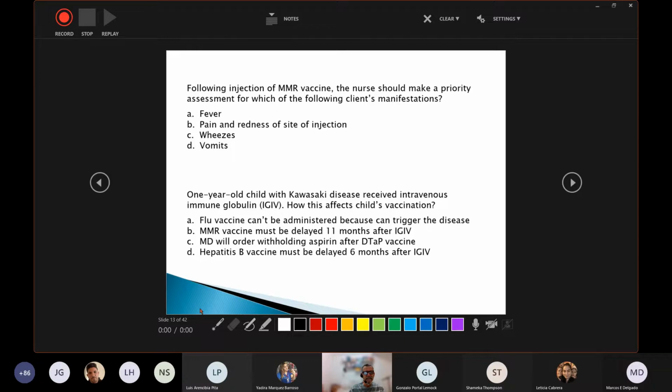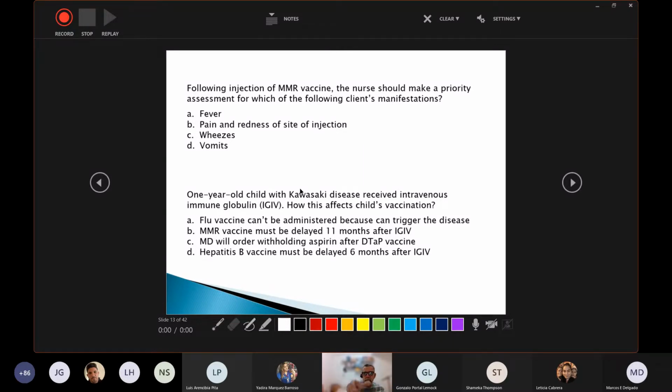Okay, the Kawasaki disease in this case is not receiving aspirin. The question says it is receiving immune globulin. The immune globulin will affect live viruses. So the only live viral vaccine here is this one. It is true that Kawasaki is also treated with aspirin, but aspirin is not given all the time.